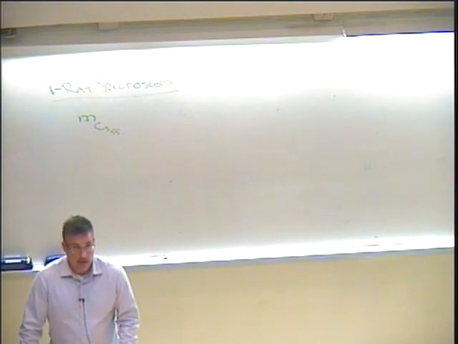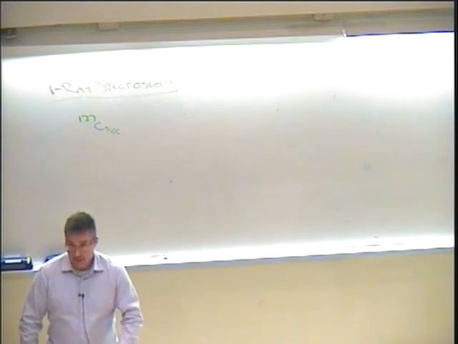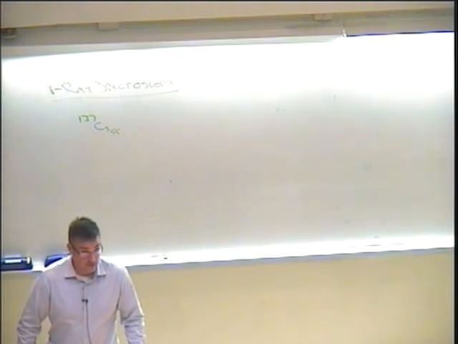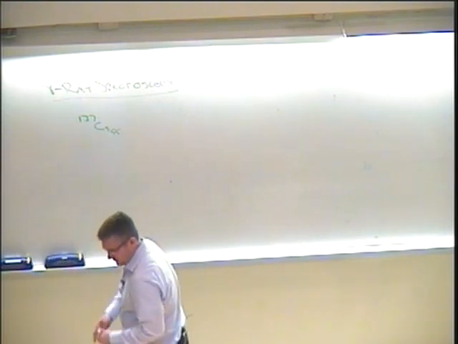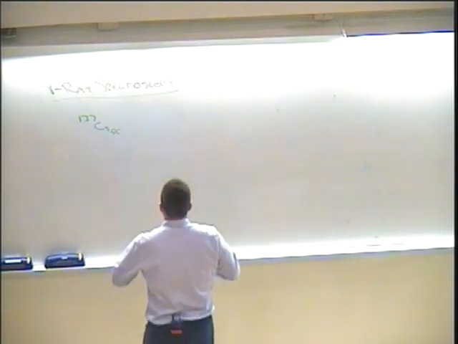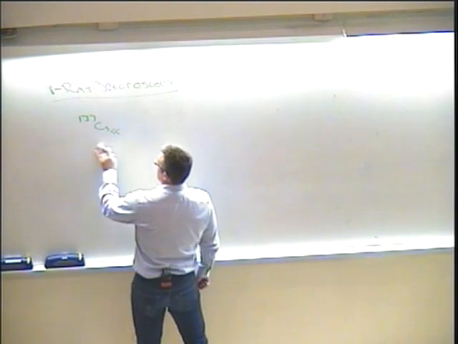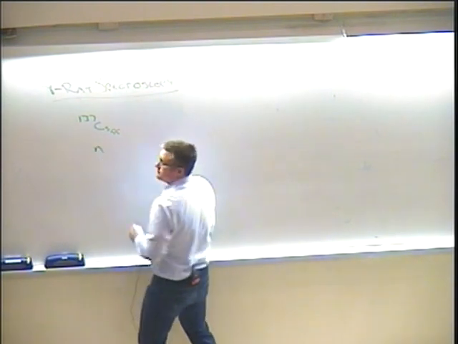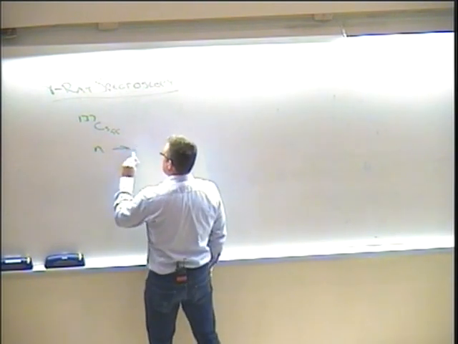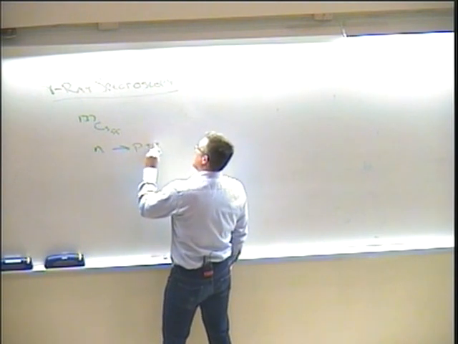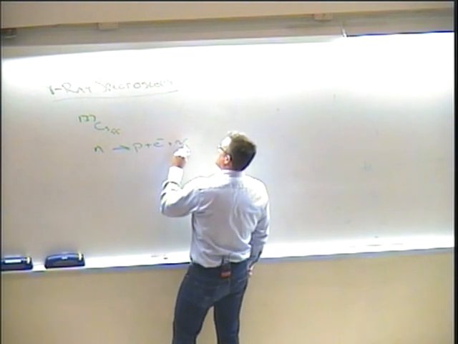So in beta decay, you're emitting an electron from the nucleus. Okay? At its most fundamental, beta decay is a neutron decaying into a proton, an electron, and an electron antineutrino.